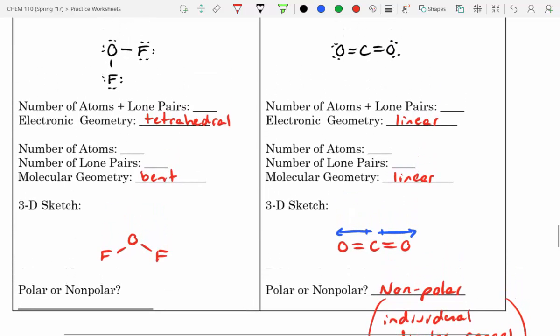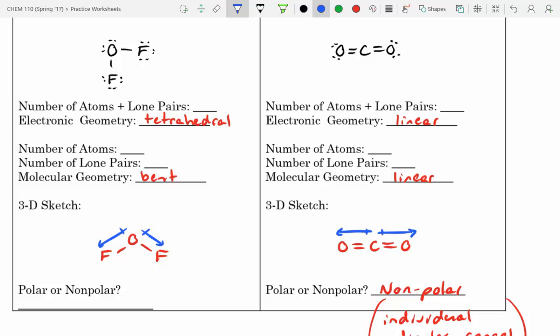So we've got OF2. Which is more polar, oxygen or fluorine? Fluorine. Okay. So we could draw those arrows. All right, now same question. Do you think there's going to be an overall net dipole, or do you think it's going to cancel out? Are they pulling in opposite directions, or are they both pulling down?